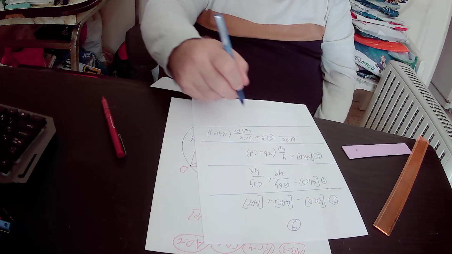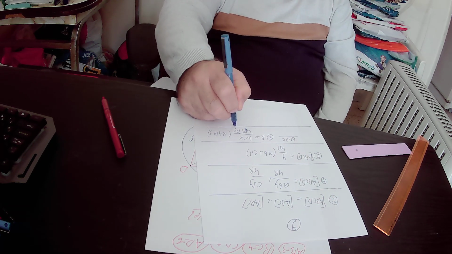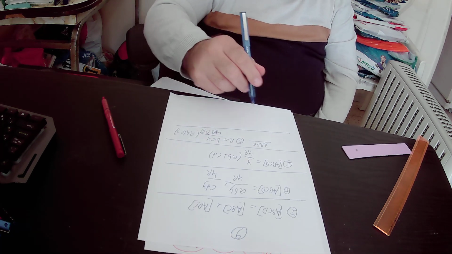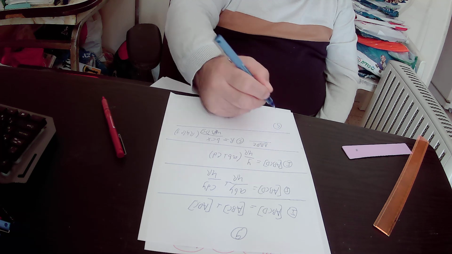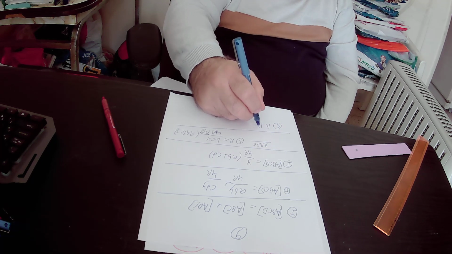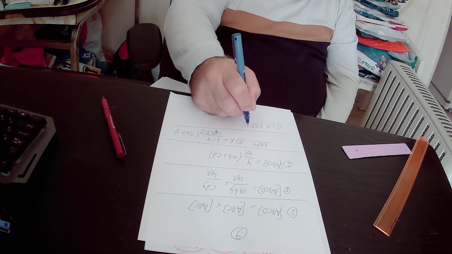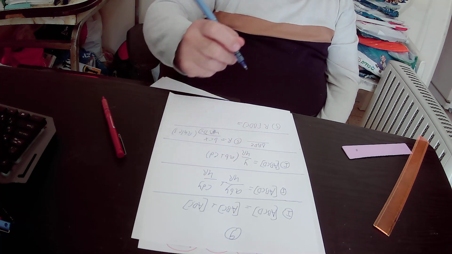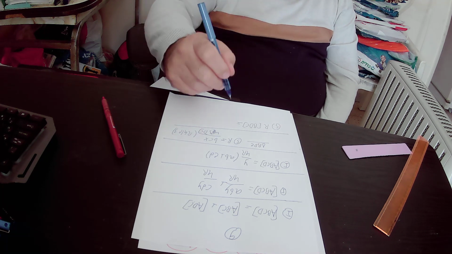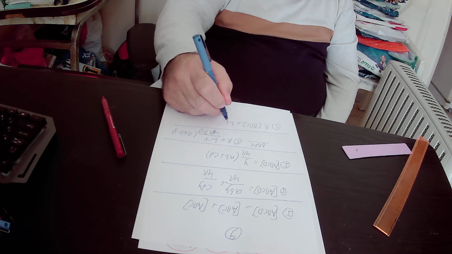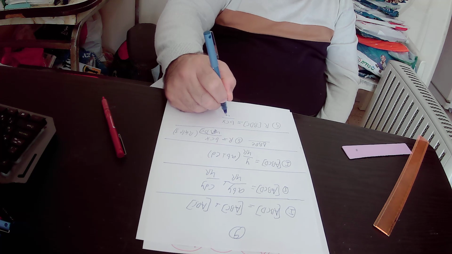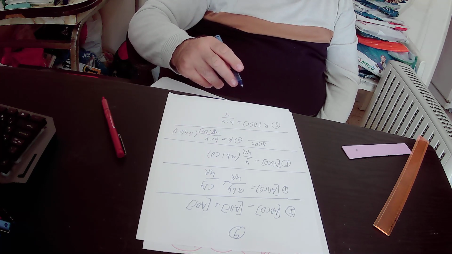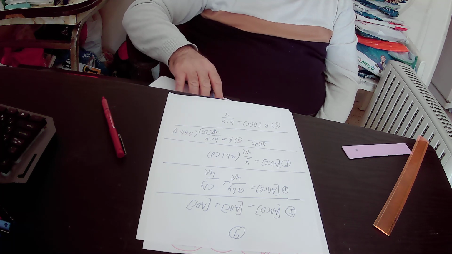Here we will multiply equation number 5 by the area of triangle BDC, and we will get that R times the area of triangle BDC equals BCX over 4. So here we will divide equation number 5 by R in order to get the area of triangle BDC.